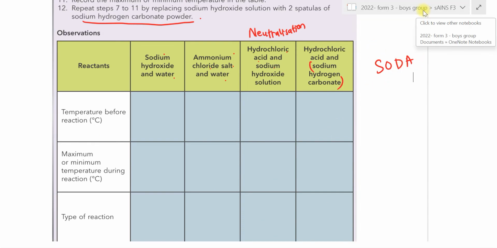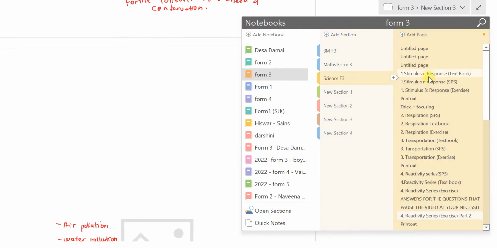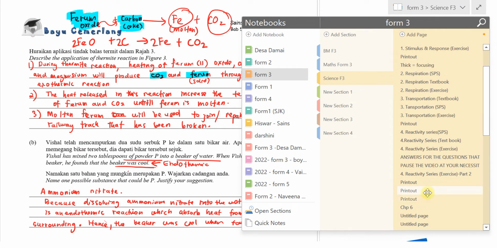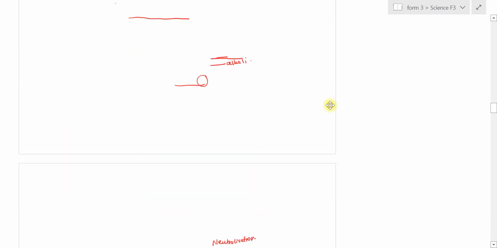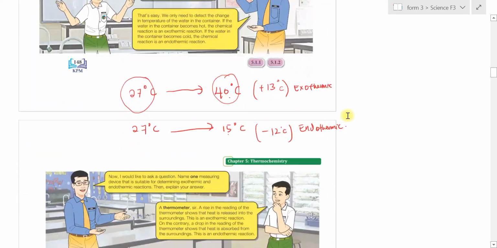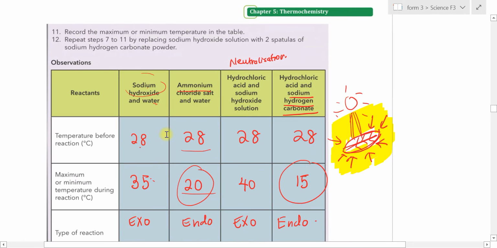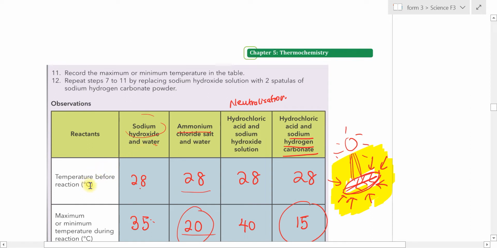Wait, let me show. Please record down. The initial temperature for all the water or the acid, everything, is 28 degrees Celsius because of room temperature.